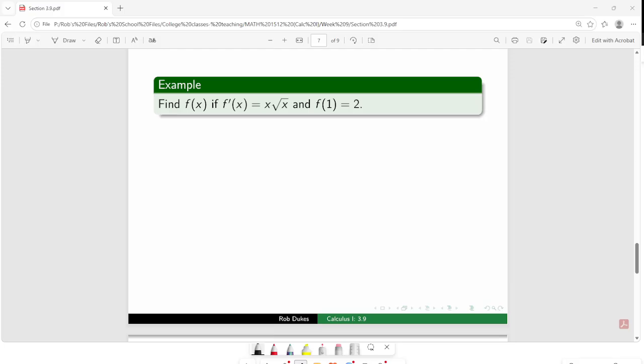Well, it's kind of like if we were trying to find the equation of a line, we would want a slope and we want a starting point. Now our derivative, we know derivative kind of represents slope anyway. So we're saying if this is our slope here as x root x, and we also know a starting point, that would give us a line. Or since the slope is changing, it'll give us a specific function.